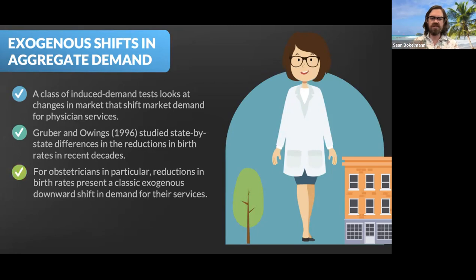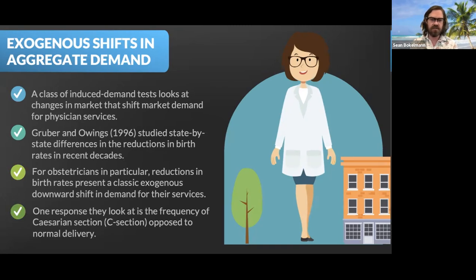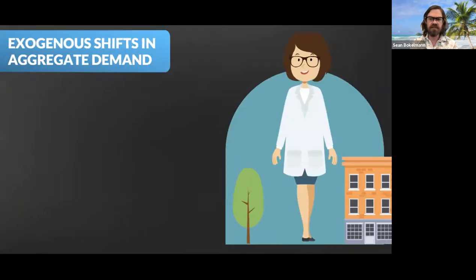So for obstetricians in particular, what this means is a reduction in the demand for their services. If fewer people are having children, then obstetricians are going to see a decrease in the demand for their services. So it's exogenous though, right? It's outside of the system. And one response that Gruber and Owings look at is the frequency of cesarean sections compared to normal delivery. That's one of the response variables they're looking at.